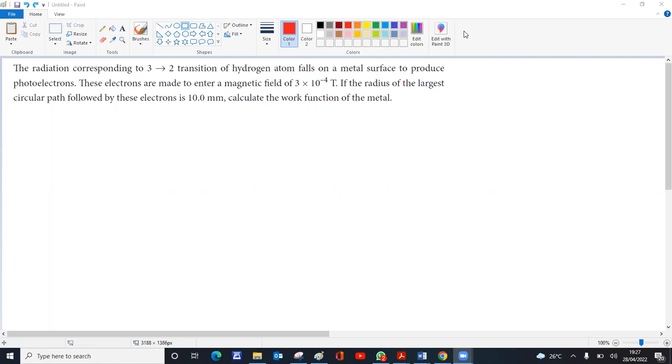These electrons enter a magnetic field. Electrons revolve in a circular path. The magnetic field value is given. The radius of the largest circular path is 10 millimeters. We need to calculate the work function of the metal.